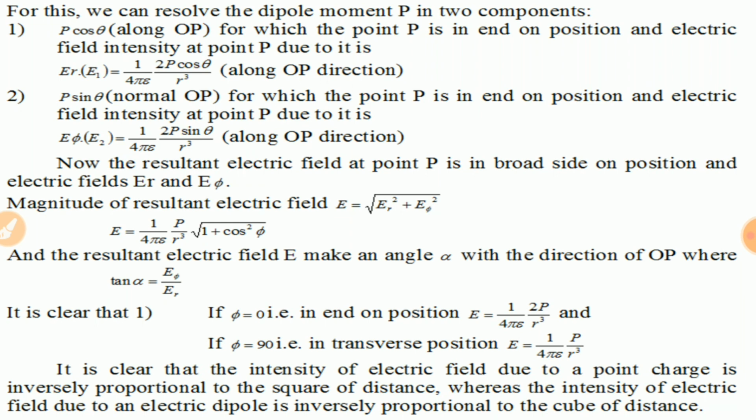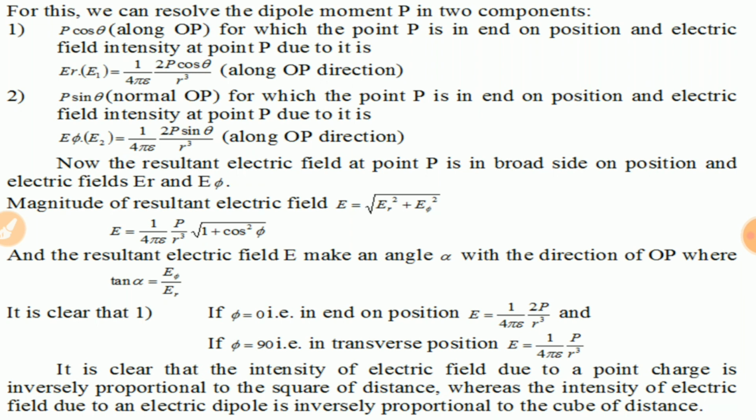Now the resultant electric field at point P has components Er and E theta. So the magnitude of the resultant electric field E is equal to under root Er square plus E theta square.